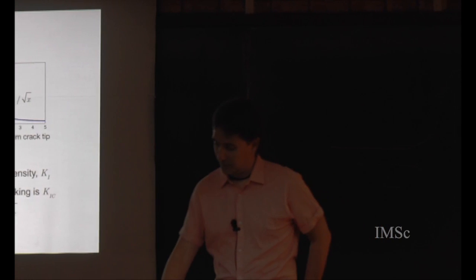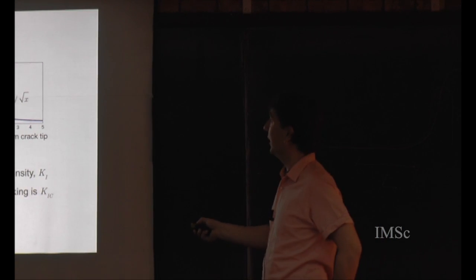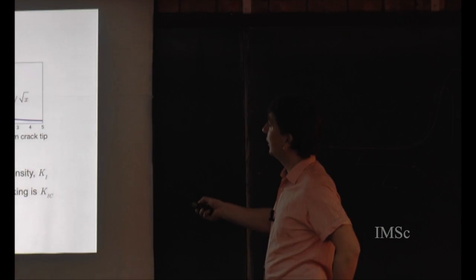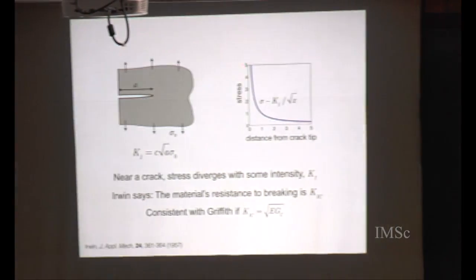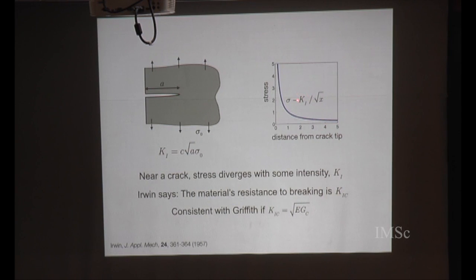Also done by Irwin, if you have a crack of a certain size, there's a characteristic singularity of the stress there. The intensity of that singularity is something known as the stress intensity factor, and basically Irwin says that any material will have a characteristic resistance to breaking when the magnitude of that divergence reaches some critical value.